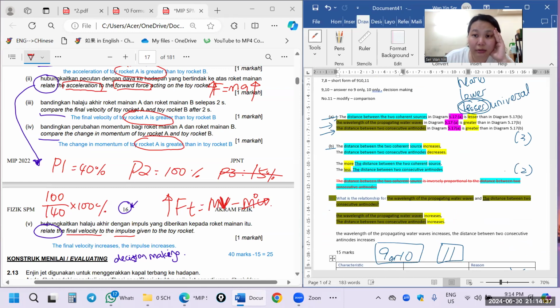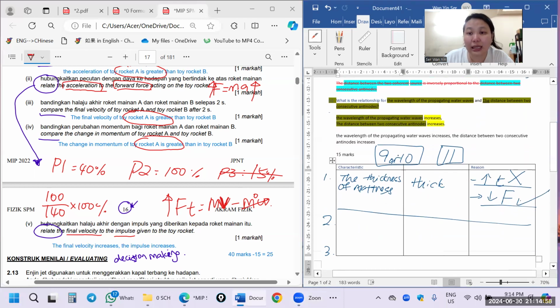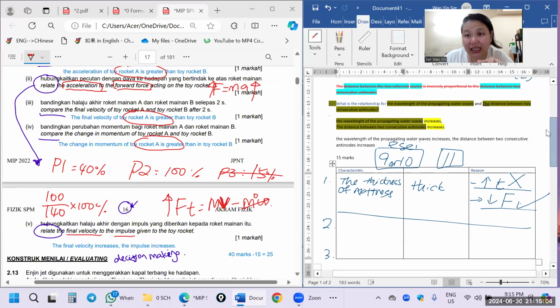Remember A in front, B behind, and it's easy to check lesser or greater, so it's easy to make the relationship. The table is only for essay. 9 or 10, 11 are essay.